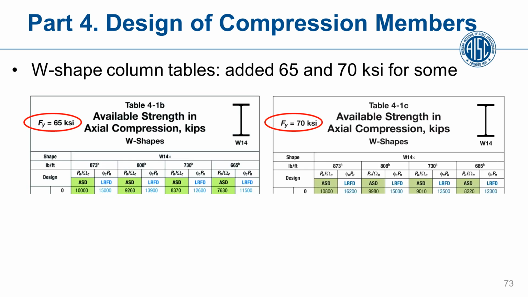You can see that for some of the larger column shapes, those large W14s we were talking about previously, they are available now in 65 KSI material and 70 KSI material. Again, make sure before using these you confirm availability on AISC's website and with your local fabricator to determine how available they are for your project in a timely manner. But you can take advantage of this added strength.